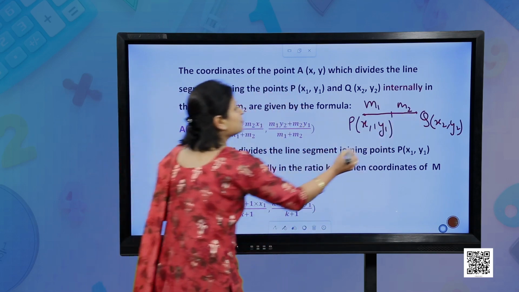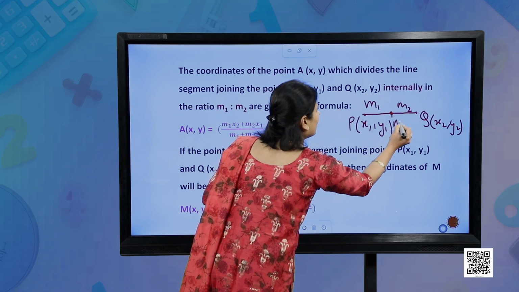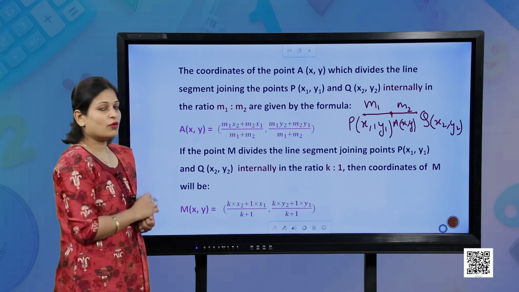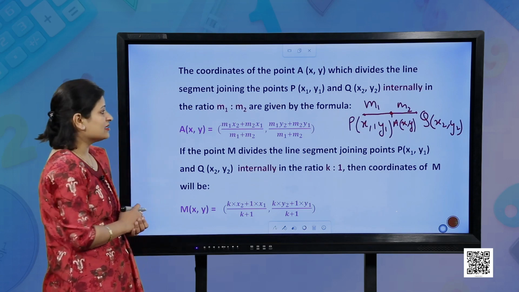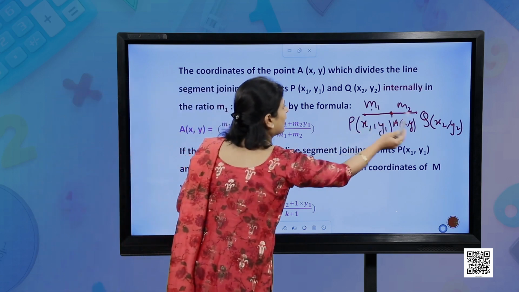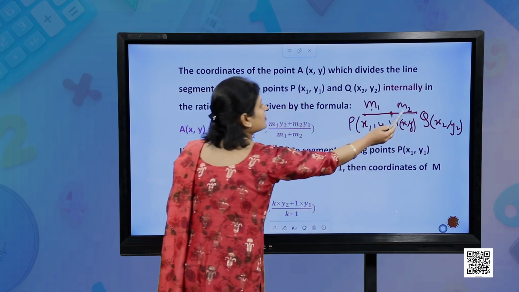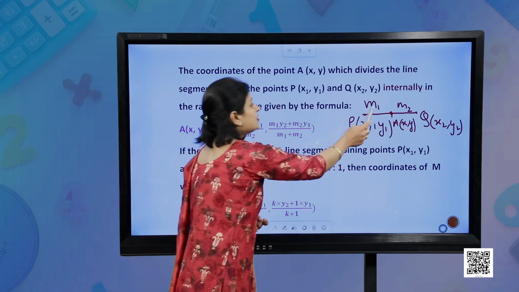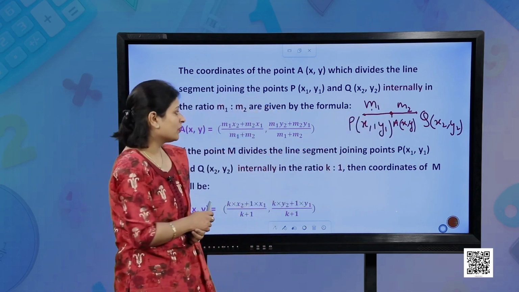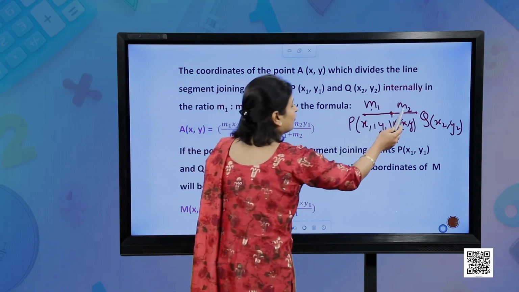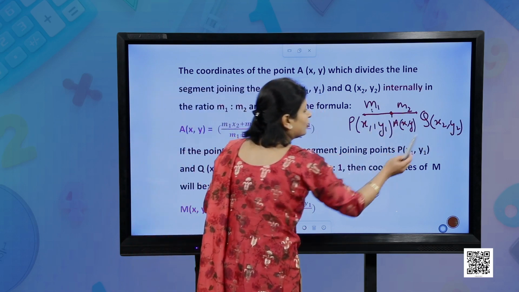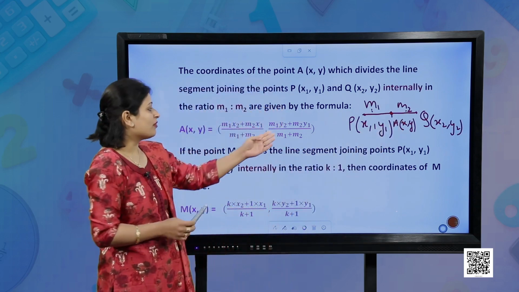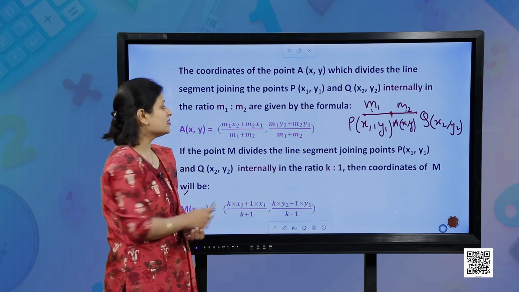So, this point A(x, y) can be found by using the section formula as (m1x2 + m2x1) divided by the sum of the ratios, which is m1 + m2. And for y, what will you do? (m1y2 + m2y1) divided by the sum of the ratios, which is m1 + m2.